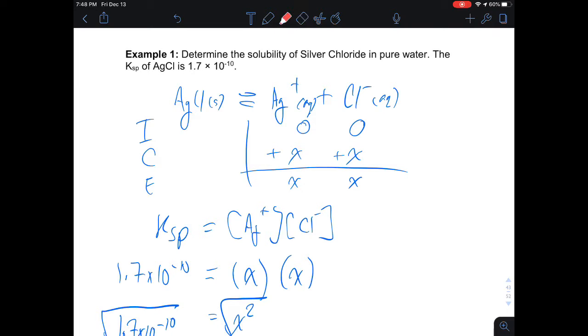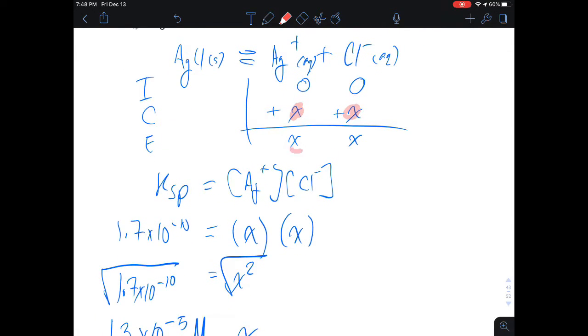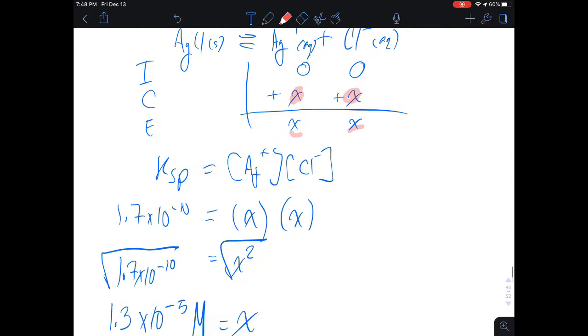So here we have: determine the solubility of silver chloride in pure water. This is a basic question from the last section, so we'll just really quickly go through. We look at the dissociation, we see that it's a 1-to-1 ratio, so the dissociation will result in some X amount of silver and chlorine in solution.